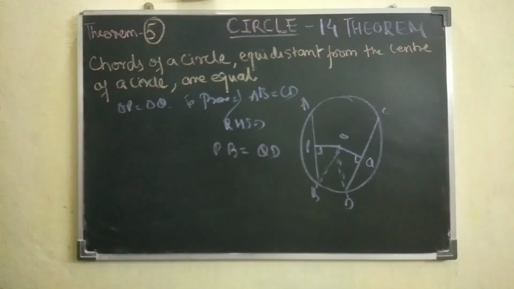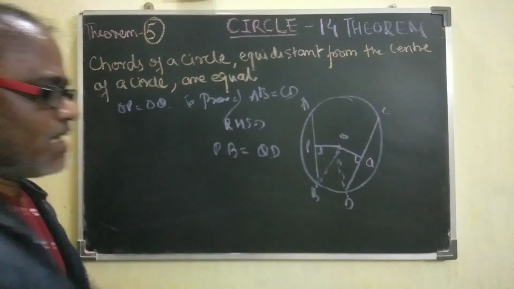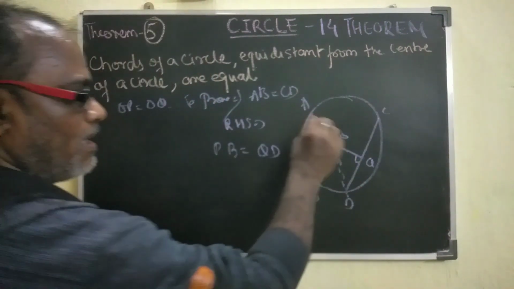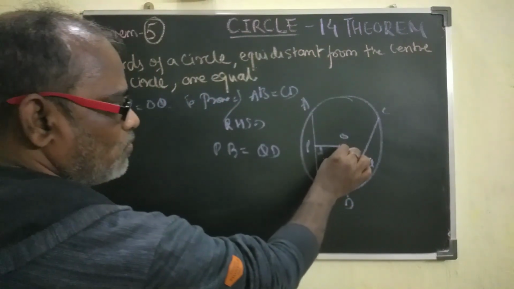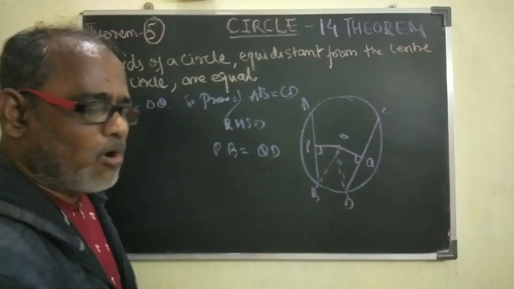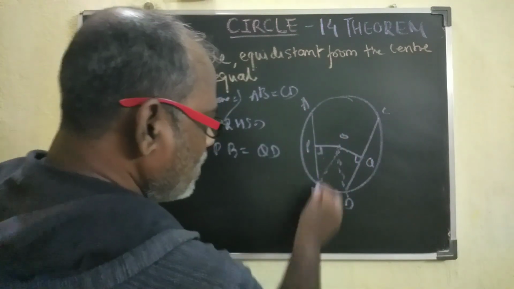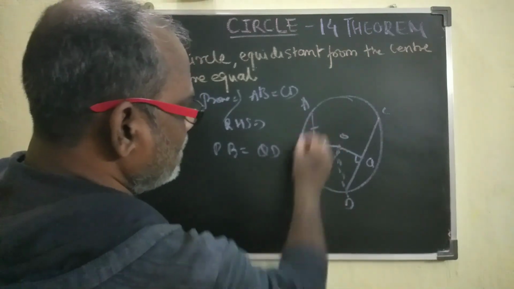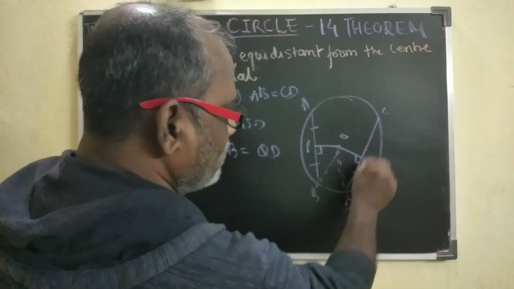We also know that any line which passes through the center and is perpendicular to any chord bisects the chord. Already we have learned this theorem. So PB equals AP and this equals this.